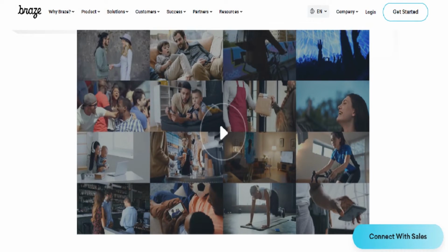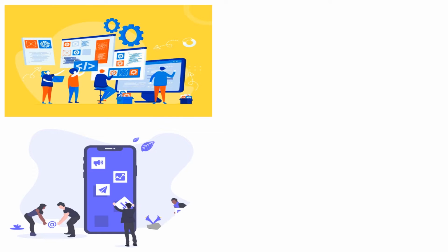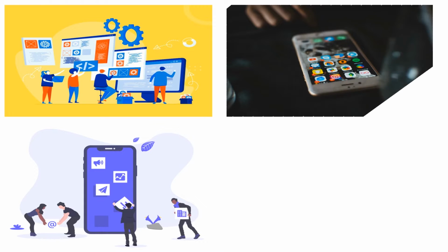The bottom line here is that they are giving you what we call centrality, coordination, and cohesiveness. That's what we call the 3 C's with Braze. Centrality means you have a single interface. Coordination means you're coordinating your content across various platforms.